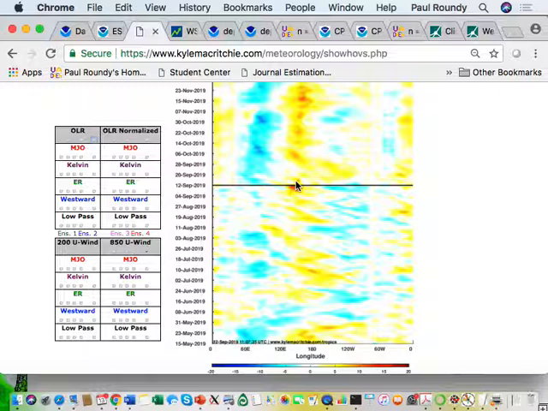A couple weeks ago, the model wasn't nearly as excited about the westerlies developing here, but this is like a classic Central Pacific structure El Nino pattern developing. And one reason why the models a few weeks ago weren't growing that signal as much is because we hadn't had a really strong westerly wind event.